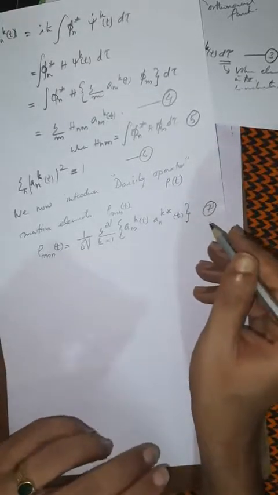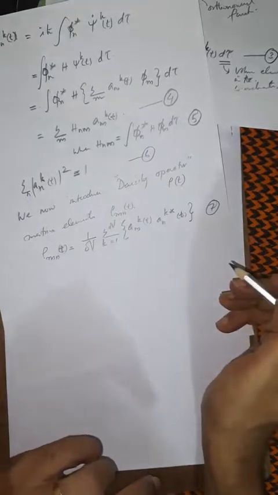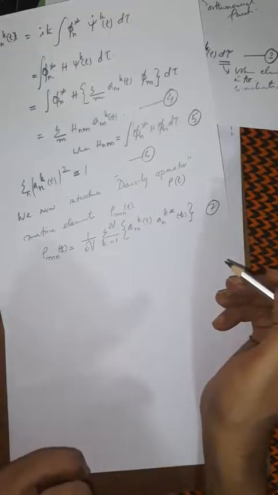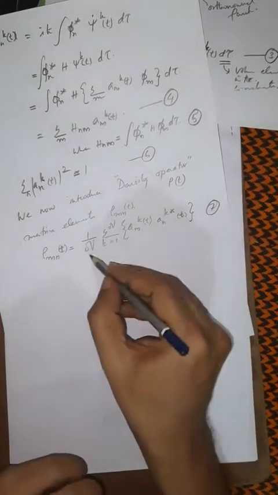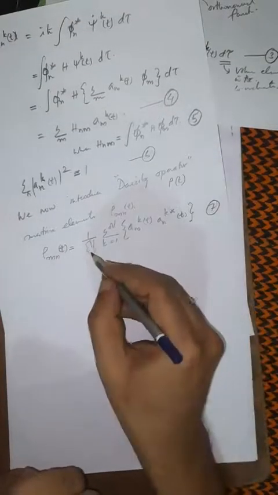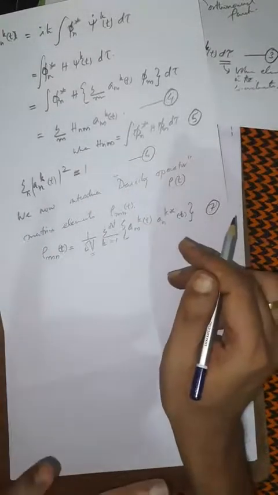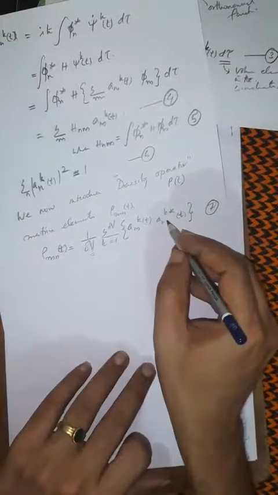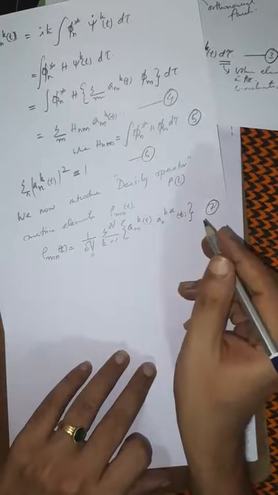So what does this equation tell you about the matrix elements? Basically, the matrix element rho_mn(t) is the ensemble average, right? This script N is the total number of elements in the ensemble. So it is the ensemble average of the quantity A_m(k,t) into A_n star(k,t).